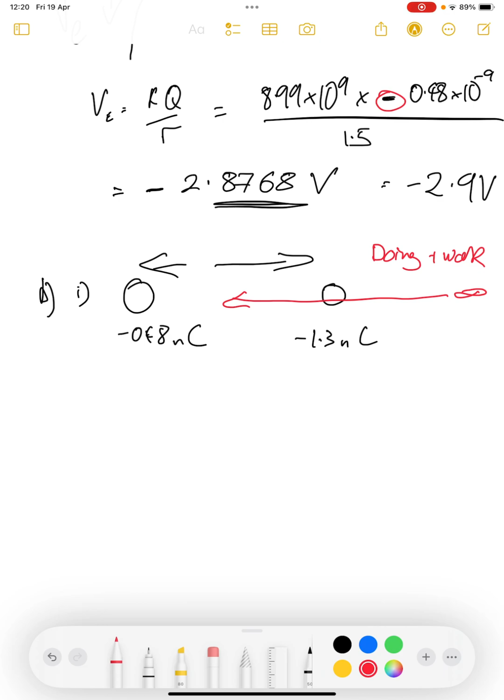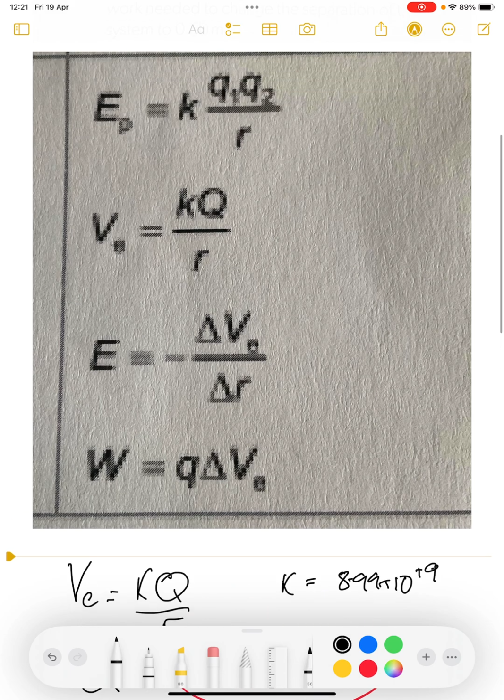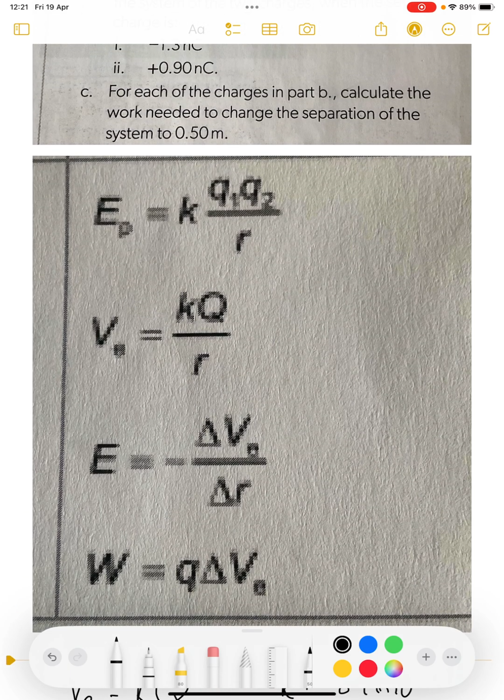I can work this out in two ways, like most of these things actually. I can just go E_P equals kQ1Q2 over r. I go up here, there we are, that's the top equation there.